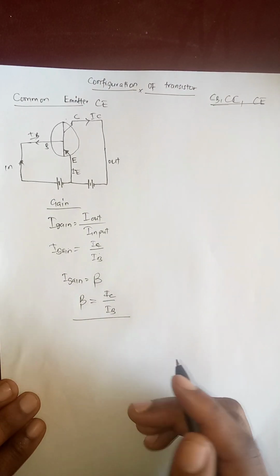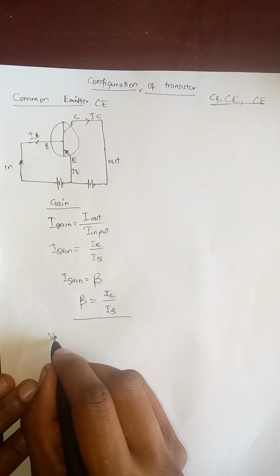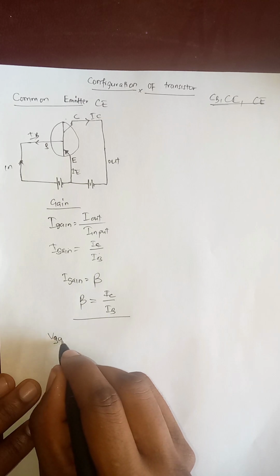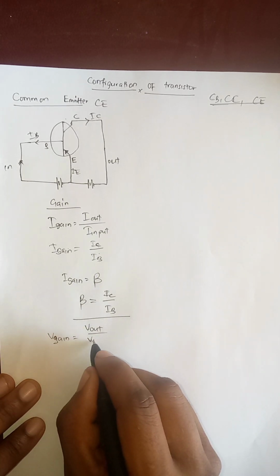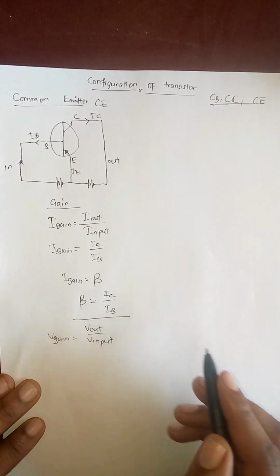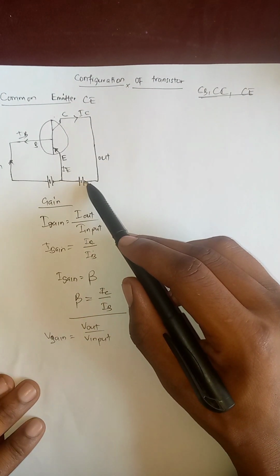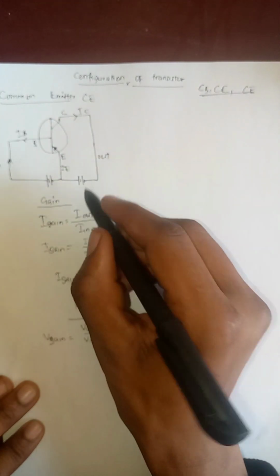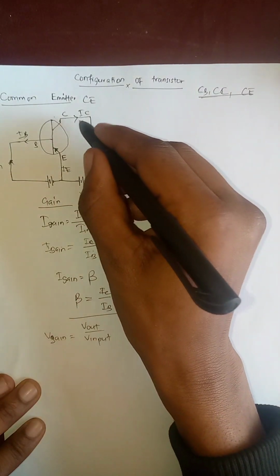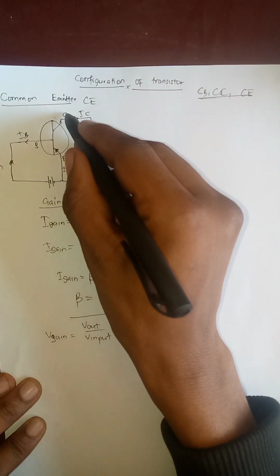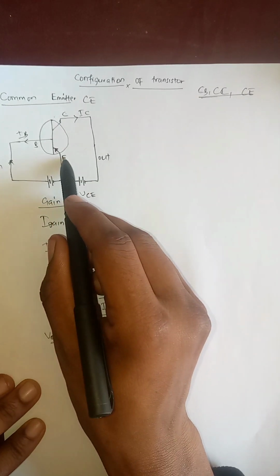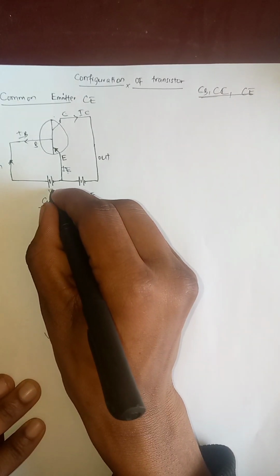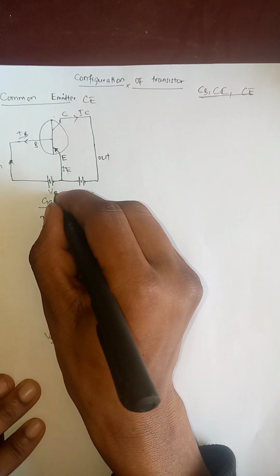Also we can find the voltage gain, which is V output over V input. Now refer here, because we consider this V output, which is VCE, and this is the emitter, this is the base, so VBE.